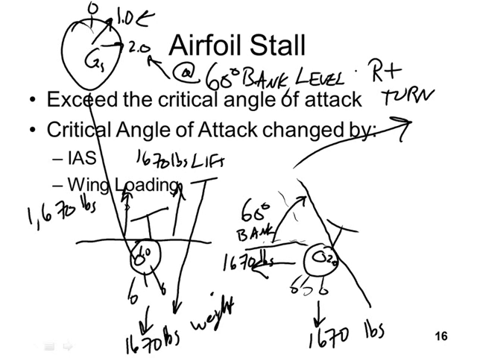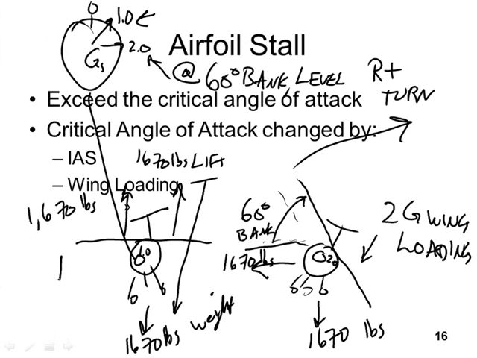So what we're doing right here is, because of the turn, we are loading up the wings to greater than 1G. If we're in a 60-degree bank turn, in this case right here, this is a 2G loading, or a 2G wing loading. We're loading the wings as if 2 gravities are pulling on it.